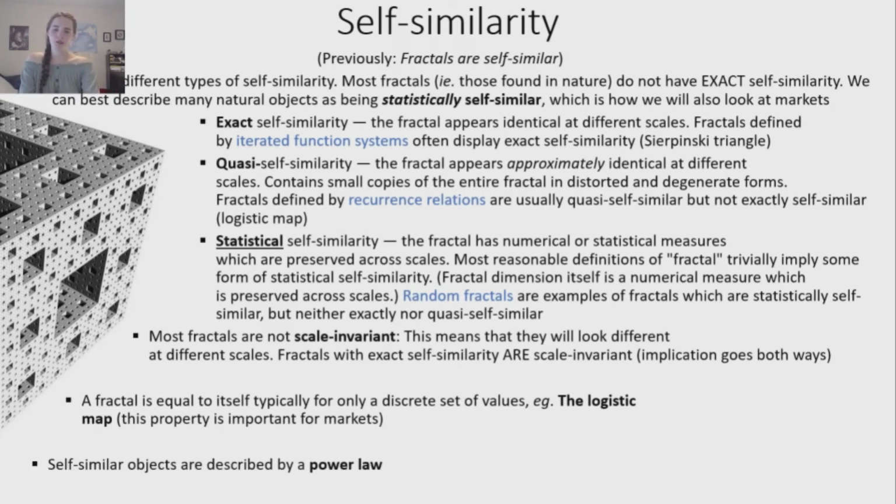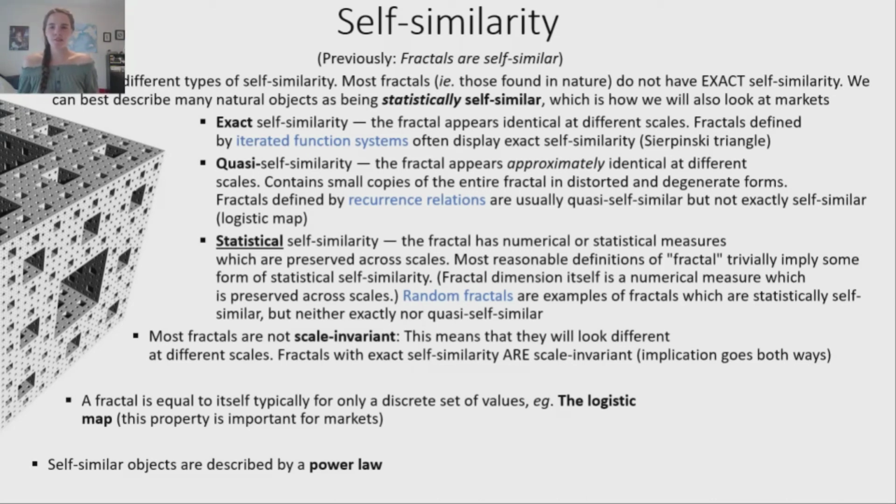Self-similar objects are described by a power law. When we say that fractals are described by a power law, this is because they're self-similar. Not all self-similar objects are fractals, but every self-similar object, including fractals, is described by a power law, and I will explain that as well.